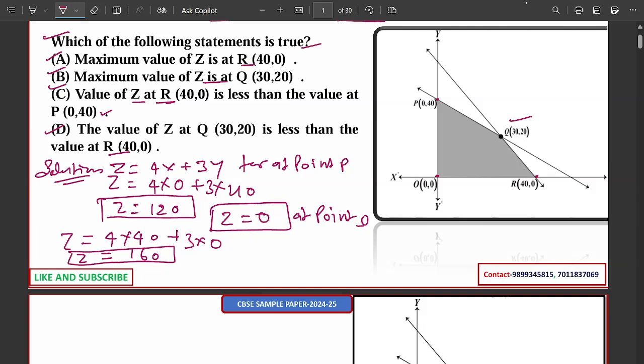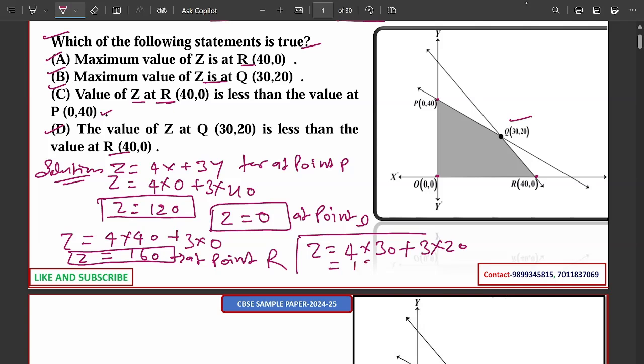This is for point R, and after that, Z at point Q is 4 multiply 30 plus 3 multiply 20, so this is 120 plus 60. So Z is equal to 180.